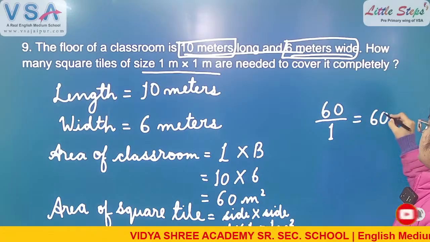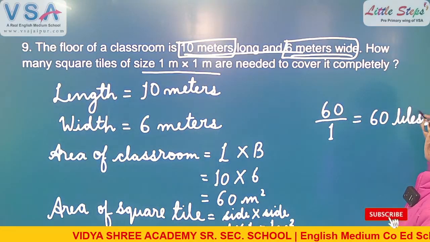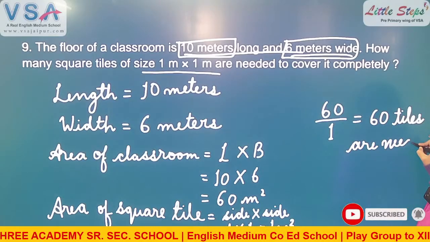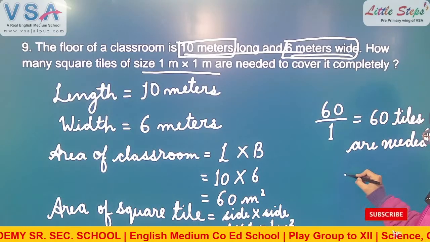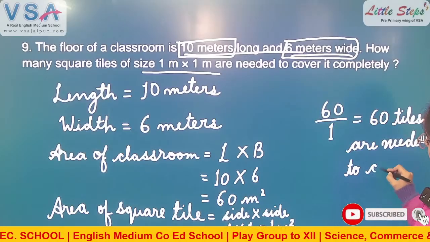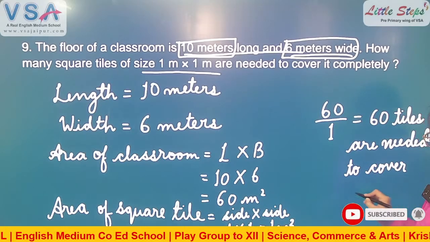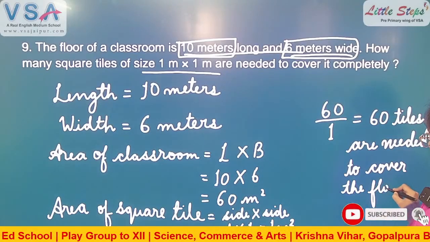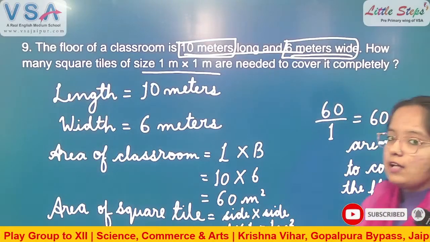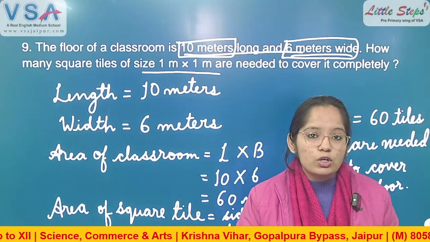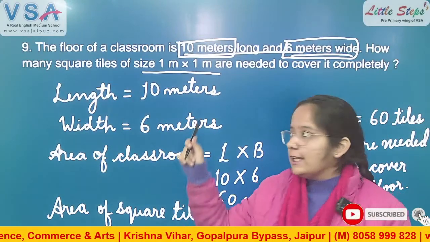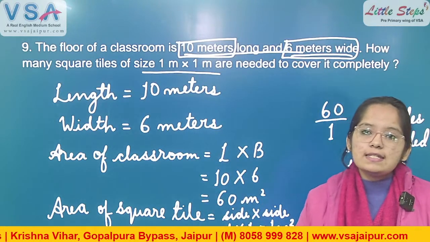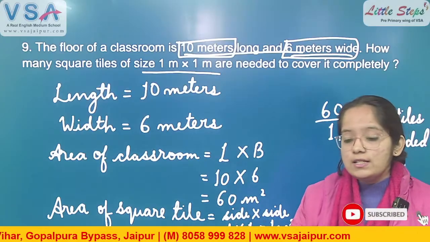So how many tiles are needed? 60 tiles are needed to cover the floor. I hope I'm clear how many tiles we need to cover the classroom floor. When the length is 10 meters and the width is 6 meters, we need 60 such tiles to cover it completely.